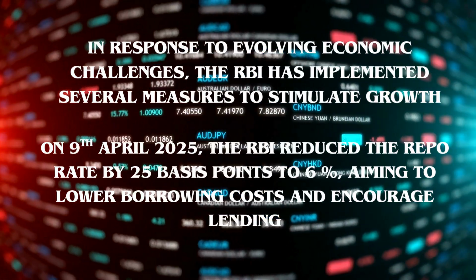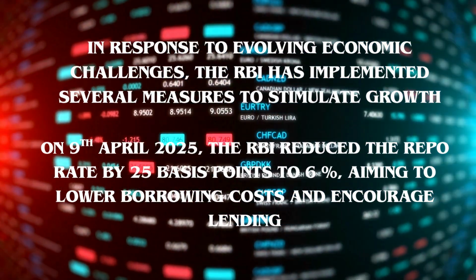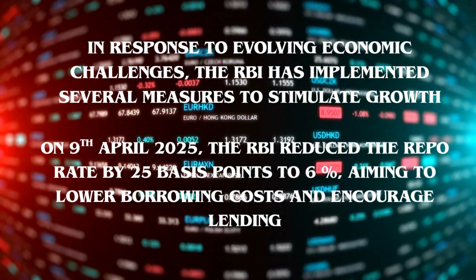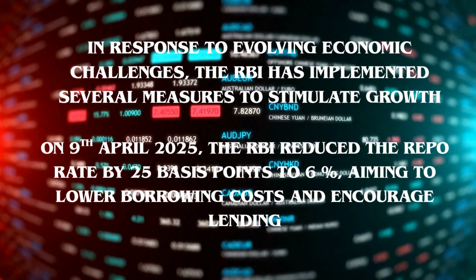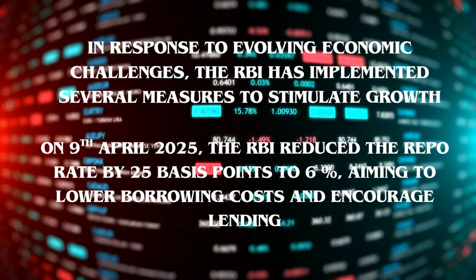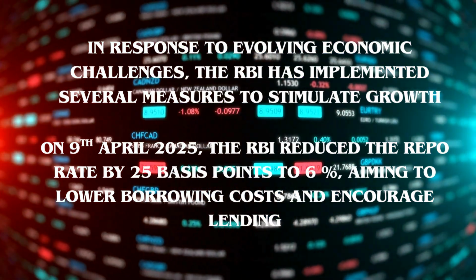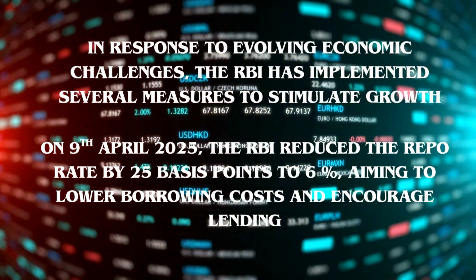In response to evolving economic challenges, the RBI has implemented several measures to stimulate growth. On 9th April 2025, the RBI reduced the repo rate by 25 basis points to 6%, aiming to lower borrowing costs and encourage lending.